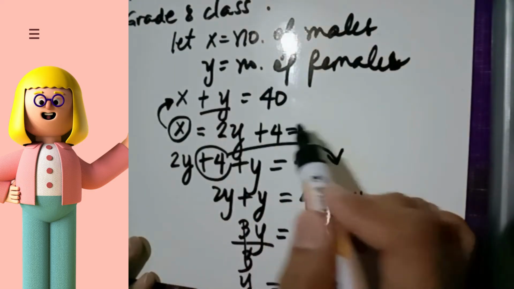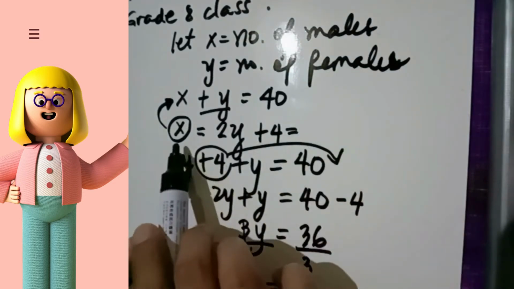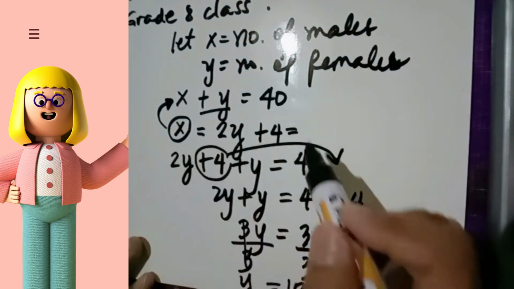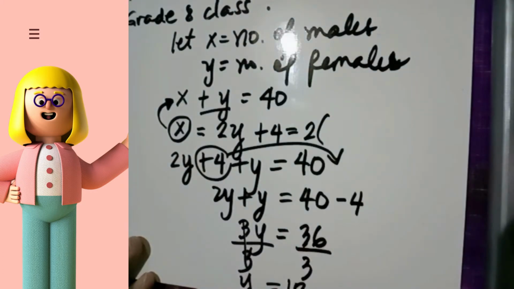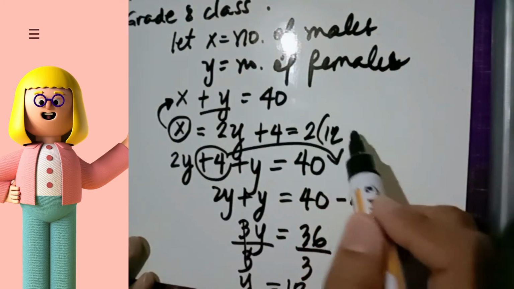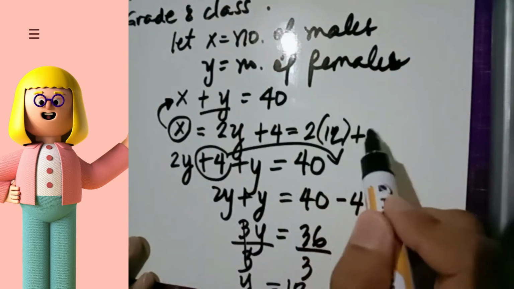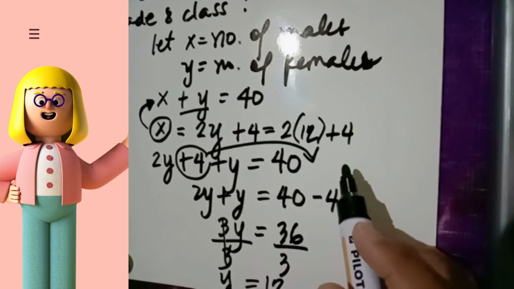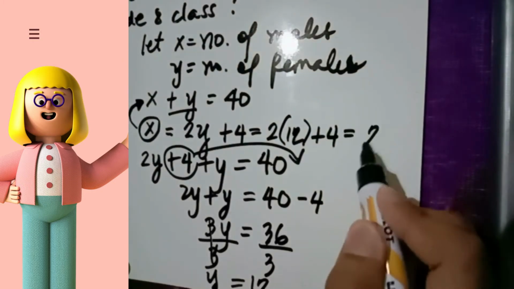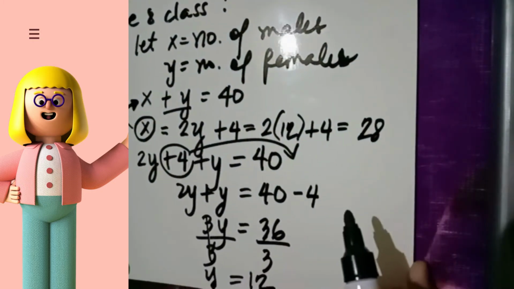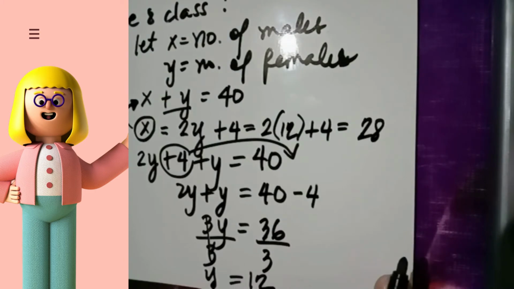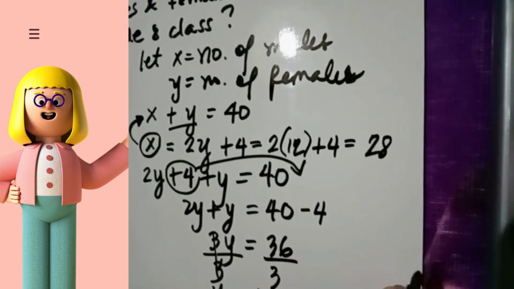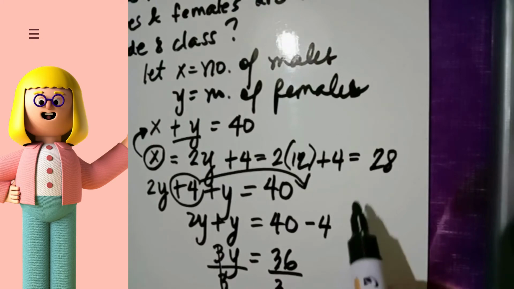So now let's take a look how we're going to solve for the number of males using the second equation. Let's substitute here. The number of males is equal to 2 times the number of females, which is 12, plus 4. So you have 2 times 12 is 24 plus 4 is equal to 28. So the number of males is 28.